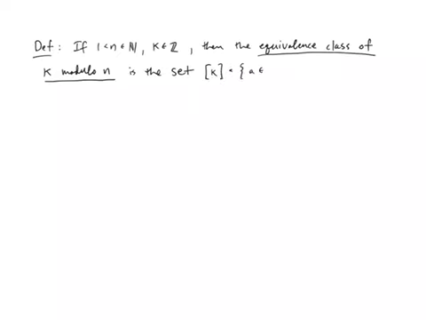And it's all the integers which are equivalent to k mod n. So it's all of the a such that a is equivalent to k mod n.